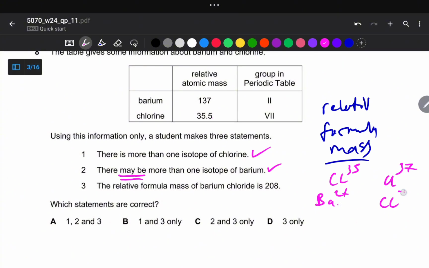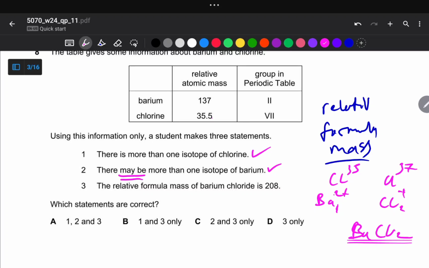Chlorine is 1, so here becomes 1, and then the 2 goes there. So it's barium chloride. So you simply add the relative atomic masses. So it's 137 plus 35.5 plus 35.5.